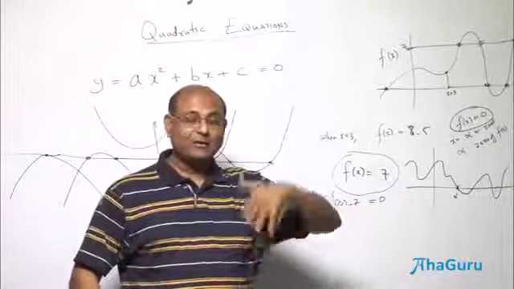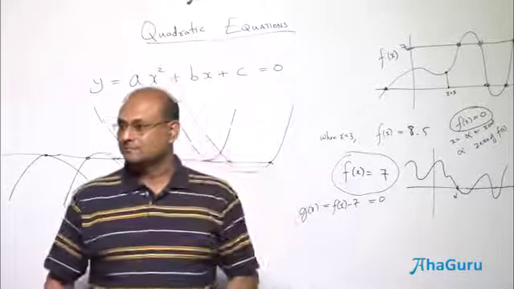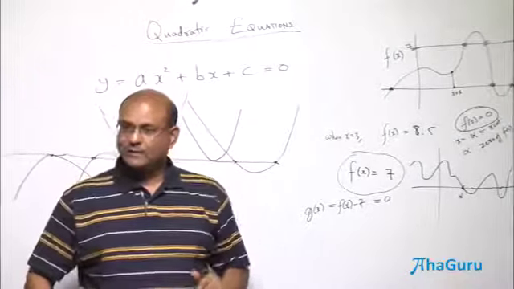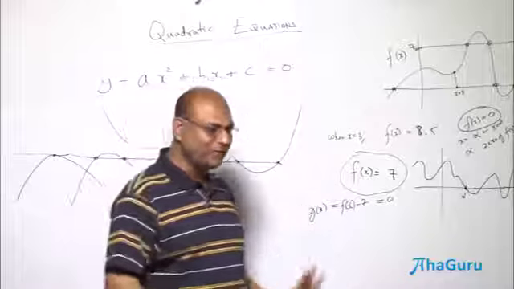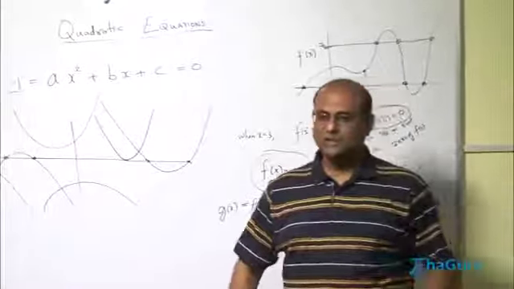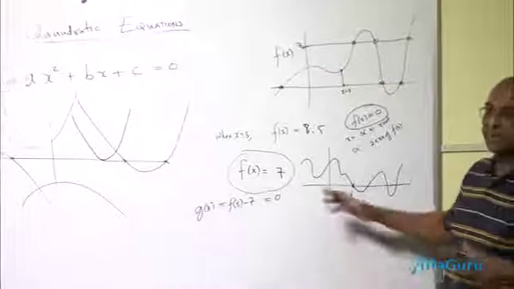Okay, so I know the value f of x is 0, I want to find out what is x. They are actually in some sense the opposites of each other. So the shortest and the simplest way to think about solving an equation is you are searching for the alpha which will make f of x 0.